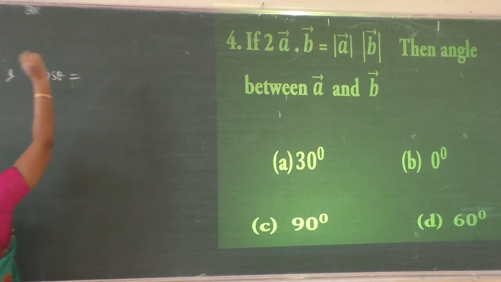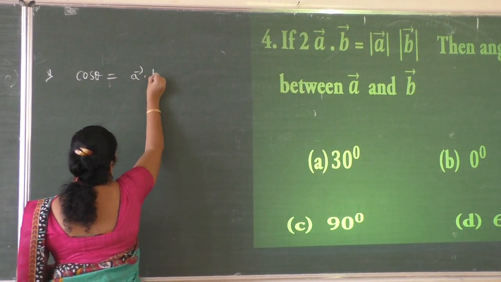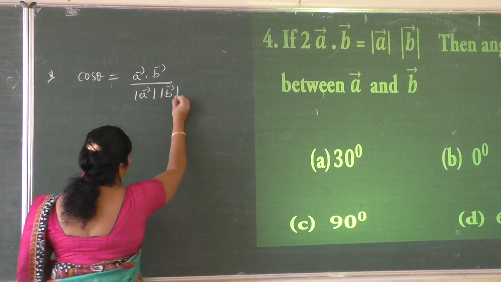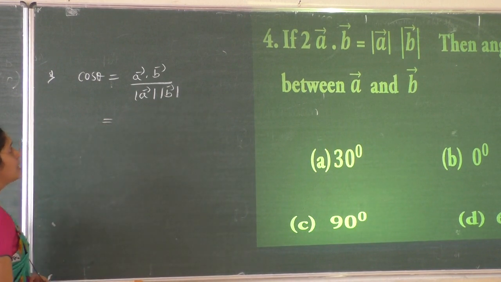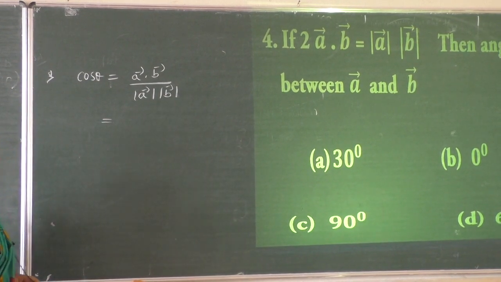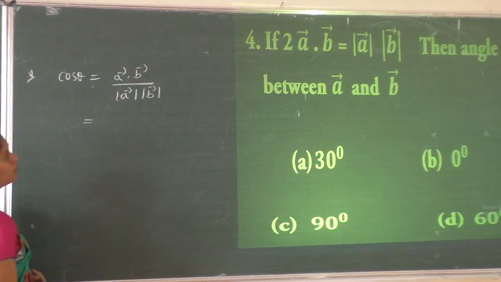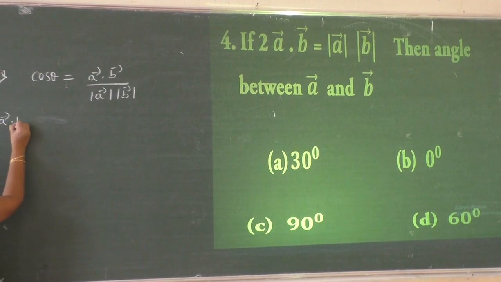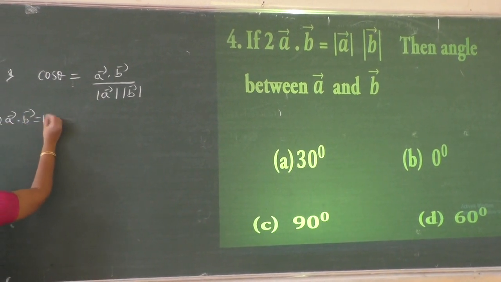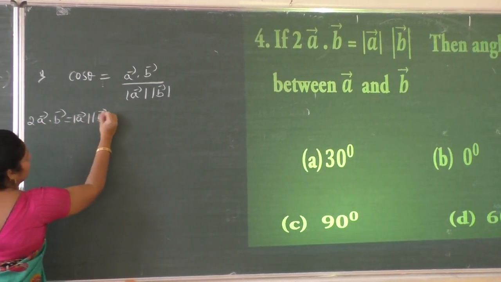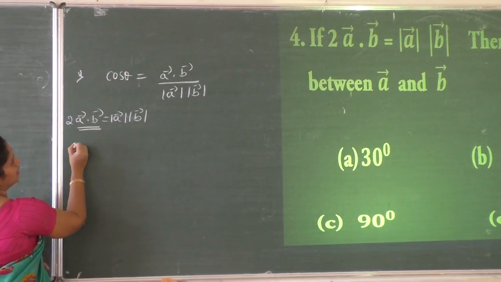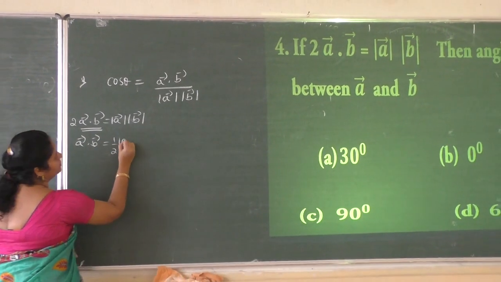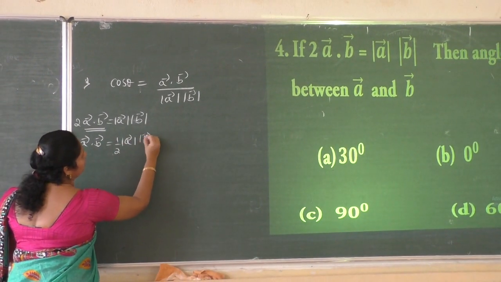Once again writing the formula, cos theta is vector A dot vector B by magnitude of vector A times magnitude of vector B. So what is vector A dot vector B? Given 2 vector A dot vector B is magnitude of vector A times magnitude of vector B, so vector A dot vector B is 1 by 2 times magnitude of vector A times magnitude of vector B.